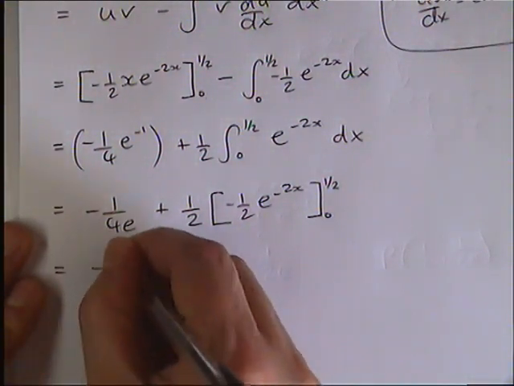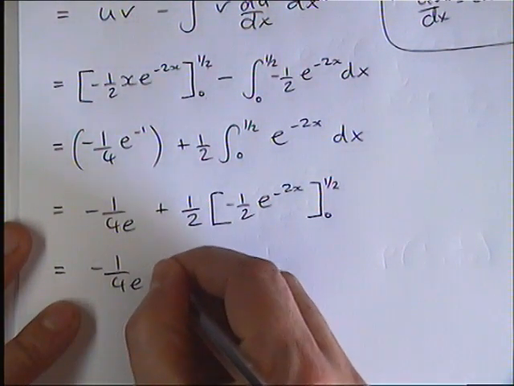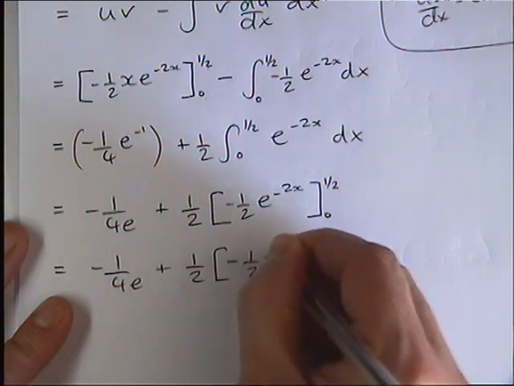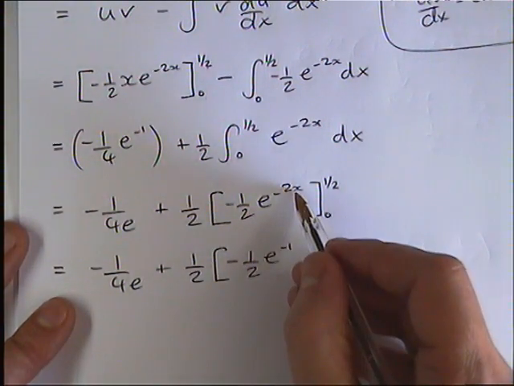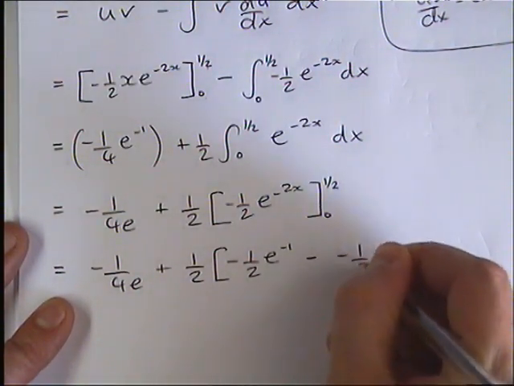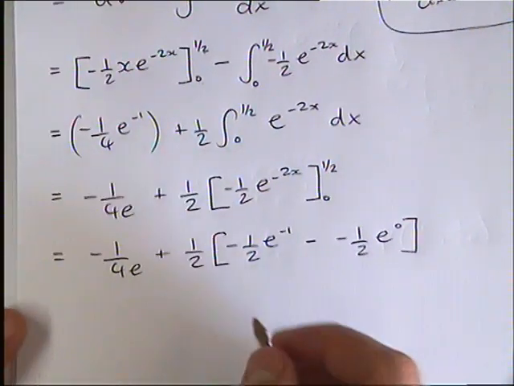So now I'm going to just substitute my 1/2 and my 0 into there. When you put 1/2 in there, you get e to the minus 1. And when you put 0 in here, that's going to simplify quite nicely, I hope.